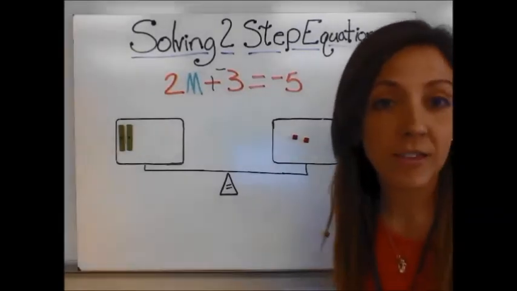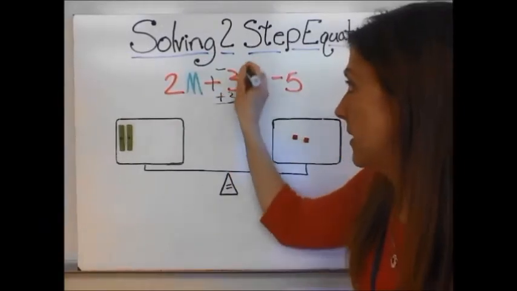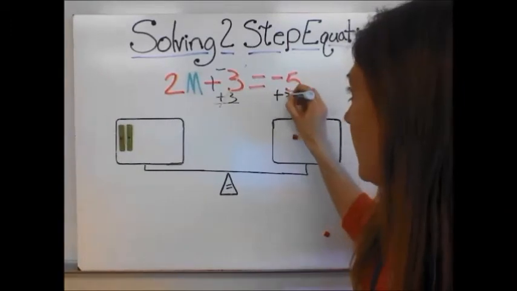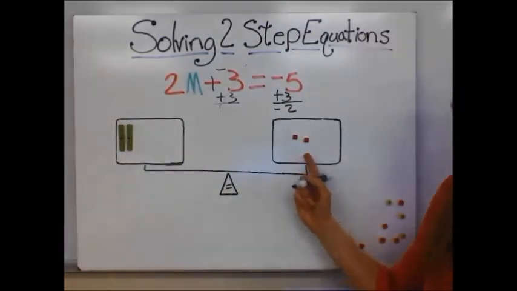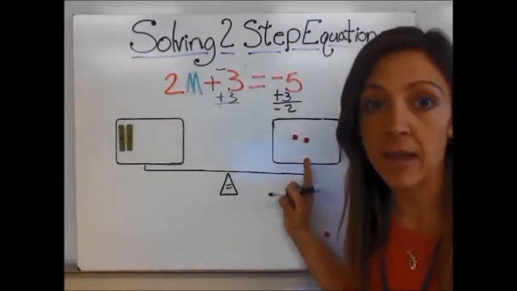Okay, what that's going to look like paper pencil is going to be plus 3. I get 0 plus 3. I end up with negative 2, which is what I can see that's left on my right side in my box here.